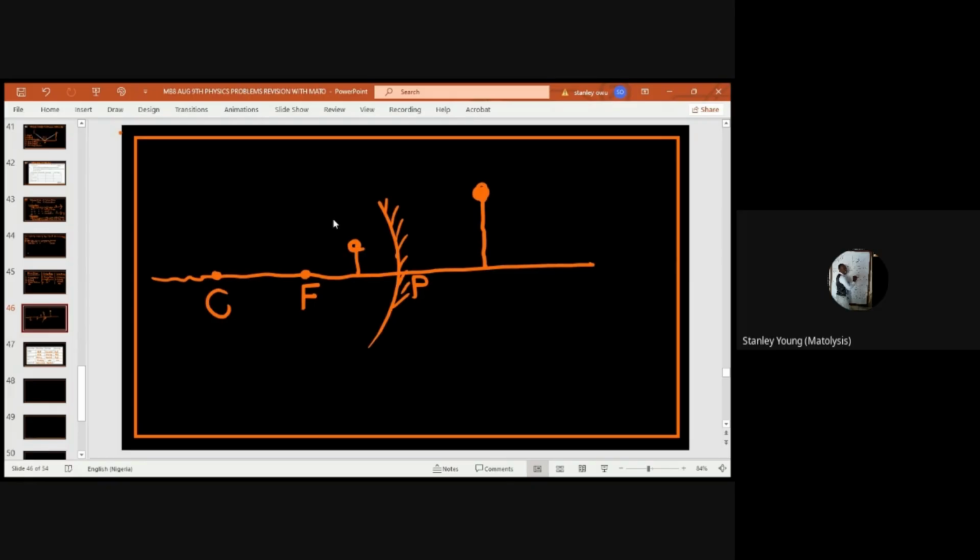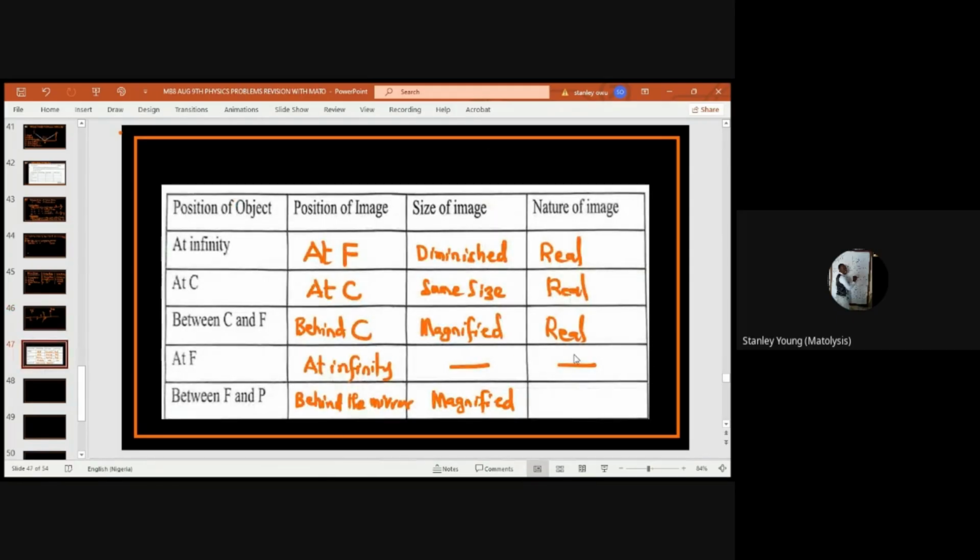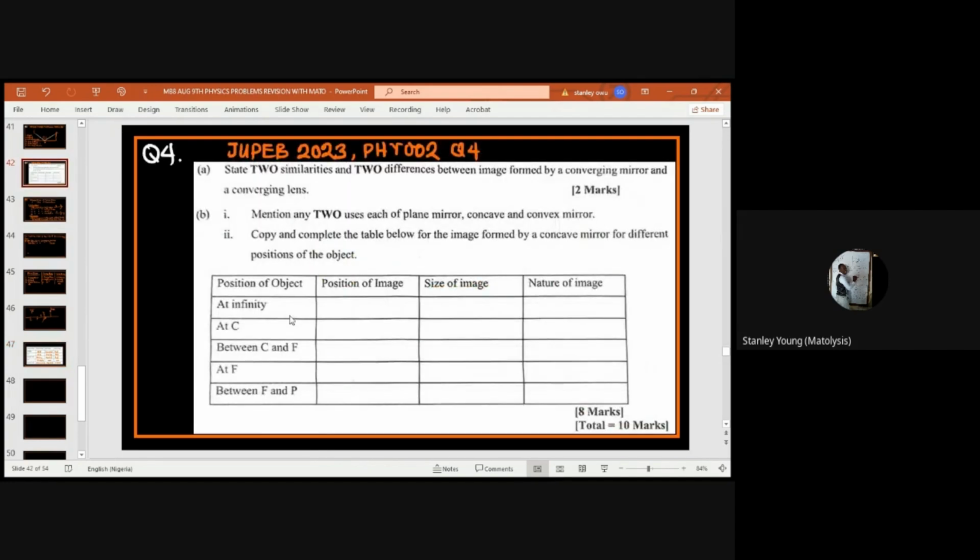Because as an observer, where do you stand? This is where you stand. As an observer, you stand in front of the mirror. So if you are in front of this mirror, see where the image is. Since the image is not on your side as the observer, that implies the image is virtual. So this is virtual.